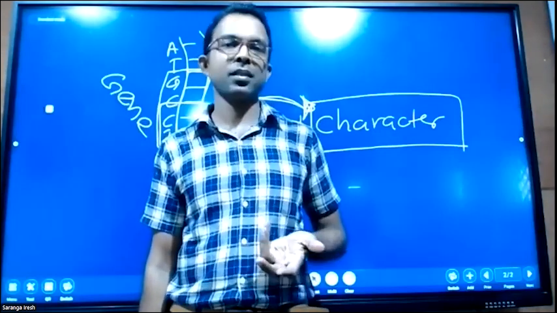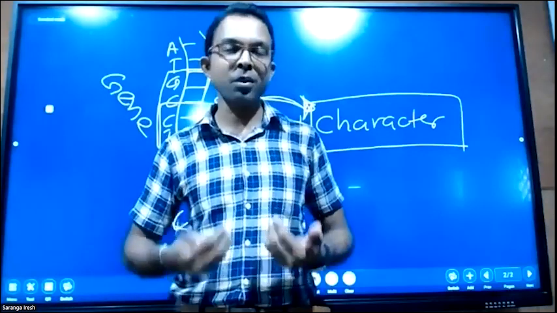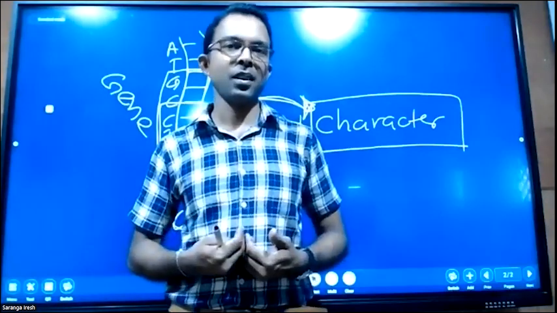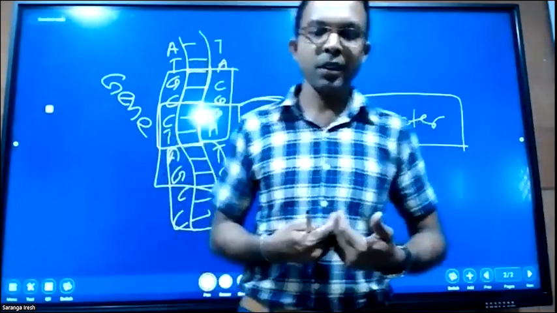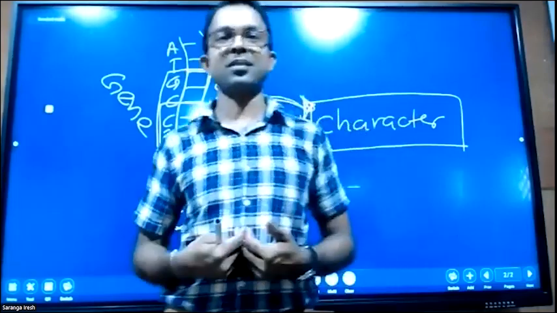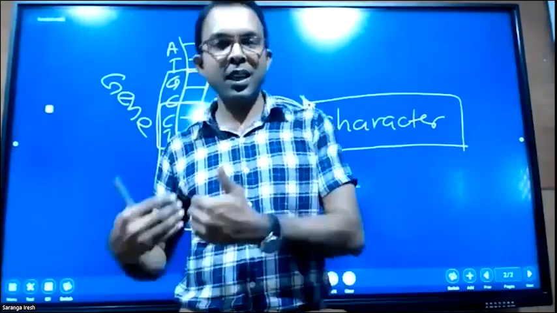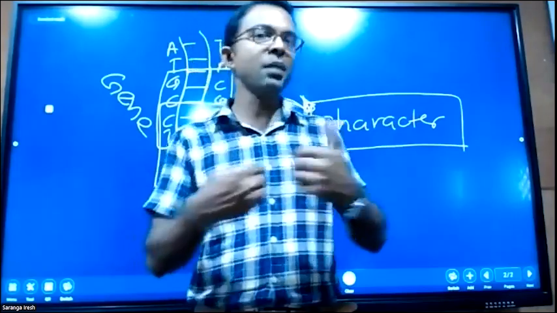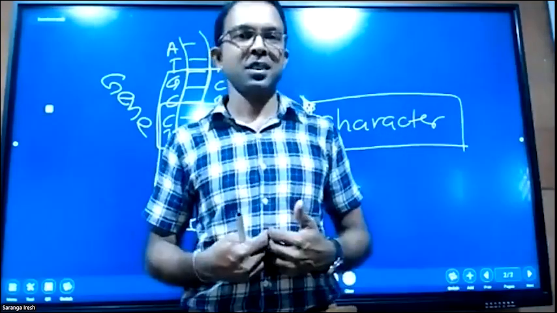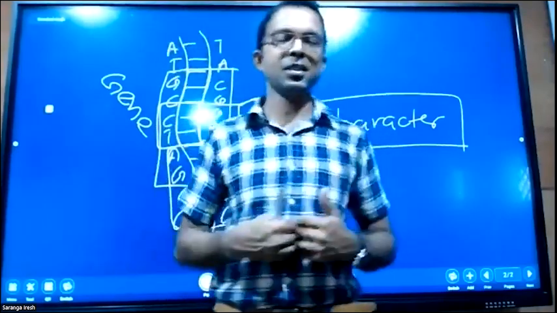Antibodies are proteins. All the structures in this body are protein structures. So determining a character means making a protein. Now DNA is responsible for making a protein. That is what we call DNA determining our characteristics.